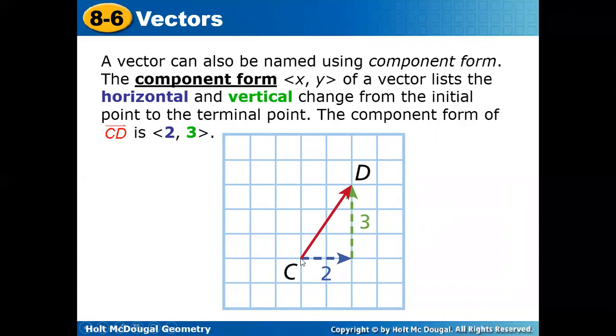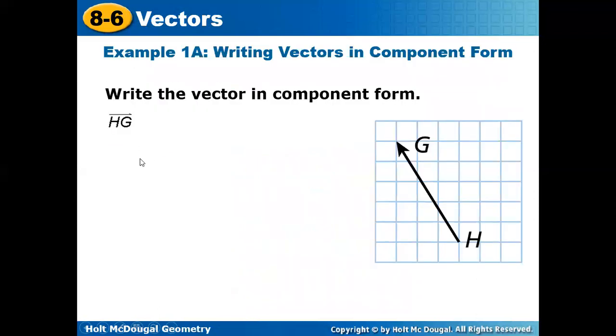Let's see, the initial point C and the terminal point D. The horizontal change from the initial to the terminal is 2 units and vertically 3 units up. So you can write it in component form as 2 and 3 between this special type of brackets.